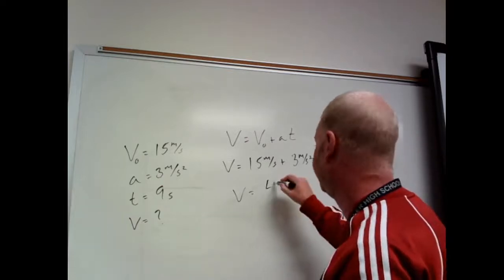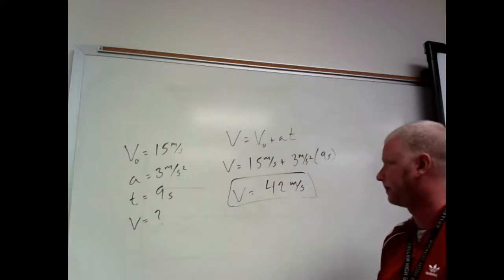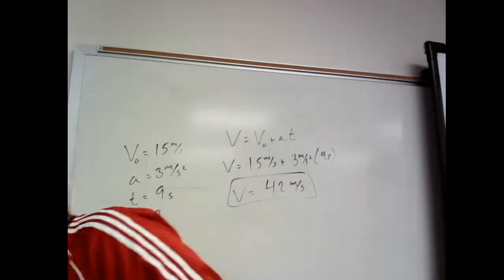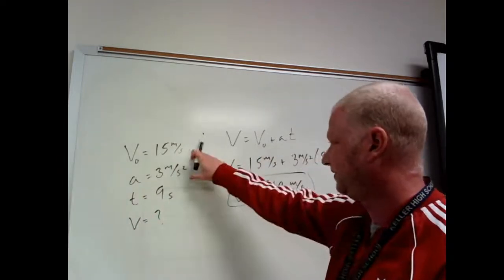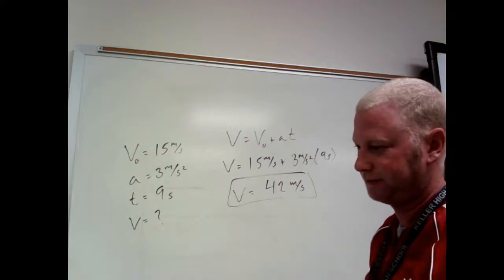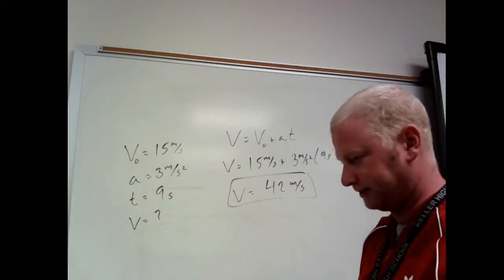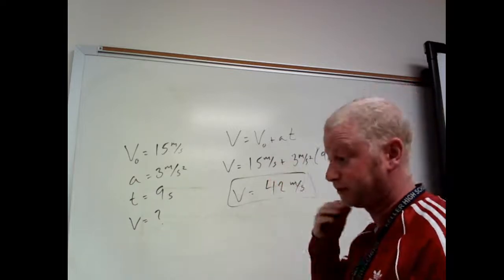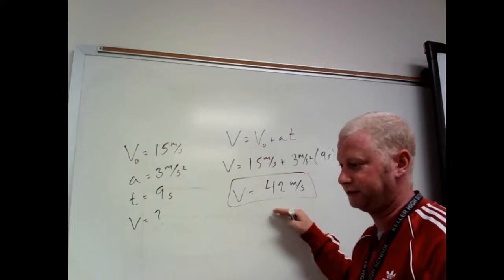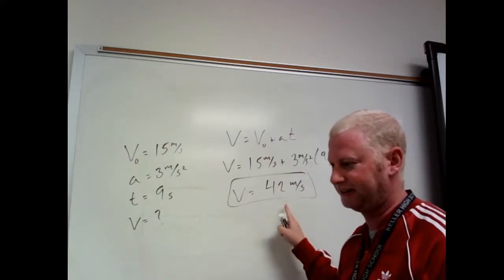You get a speed of 42 meters per second. So again, givens and unknowns, equation, substitution, solution. As you go through and practice these problems that I'm posting on Google Classroom, make sure that you are showing this work every single time. You see how much work I show, you better be showing at least that same amount.